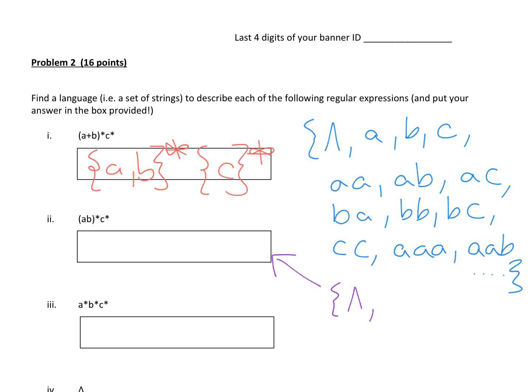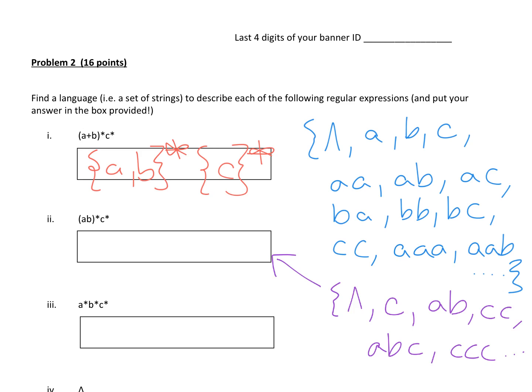The only singleton in here is C, because after that we have to squish the A and B together, right? So AB is a string of 2, CC is a string of 2. If we want strings of 3, it has to be ABC or CCC, and so on.